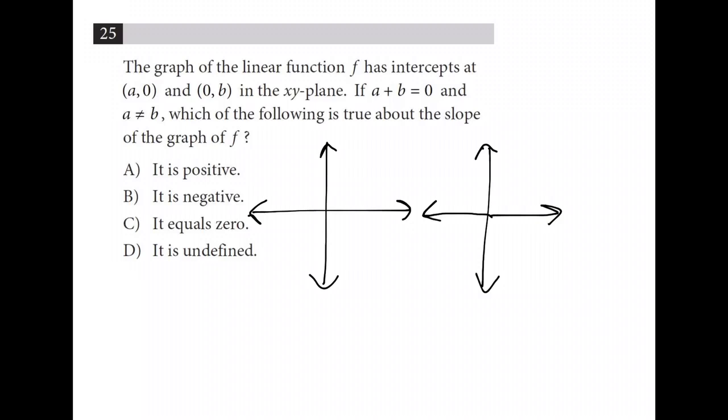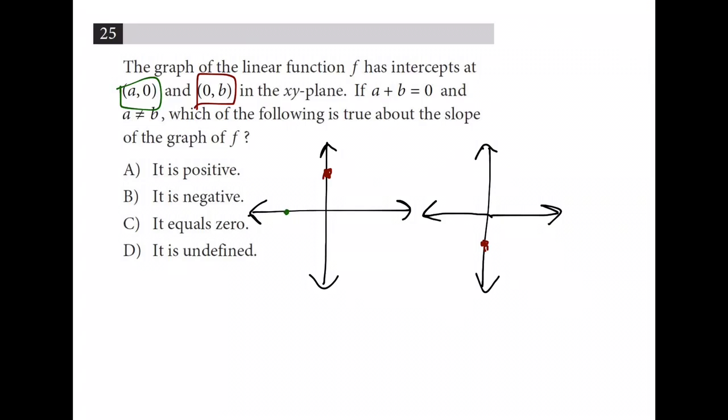If we start with (0, b), there are two possibilities. Either b is going to be a positive number, or b is going to be a negative number down here. I'm talking about the y-intercepts. We know that a plus b has to equal 0, so when we have our y-intercept that is positive, then our x-intercept, or our a value, has to be negative.